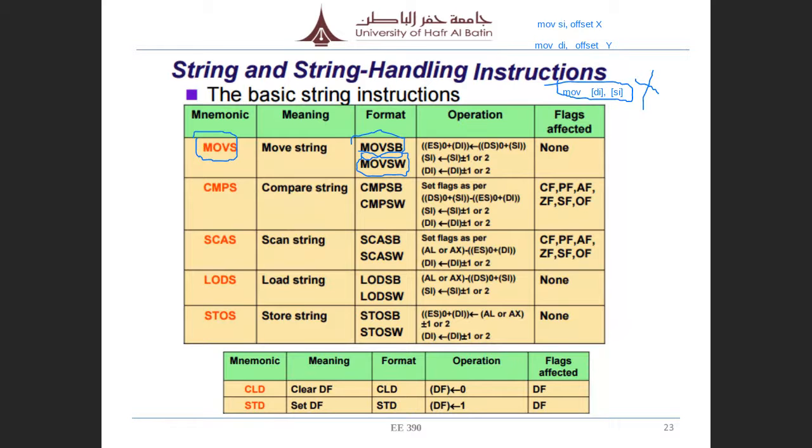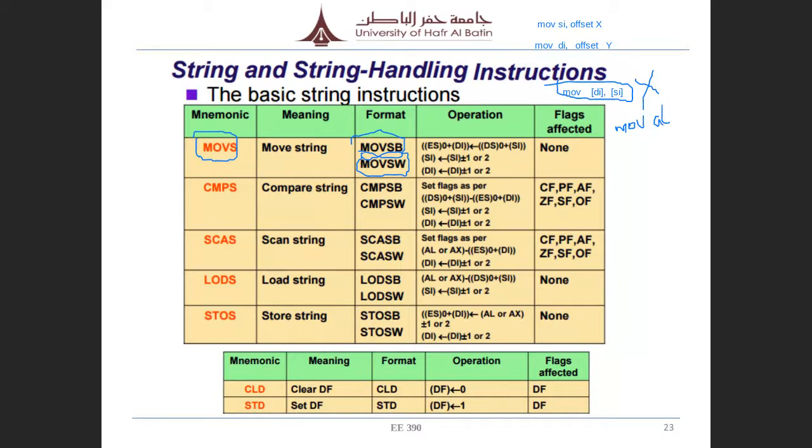The mistake is that it does not allow copying memory location to memory location directly. You have to do one more step: you have to use a register. For example, we can use AX as a word.